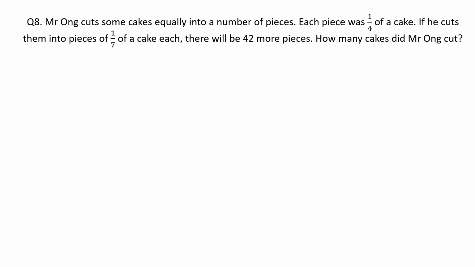Okay, last question here. Let me draw the cake for you. So I have some cakes over here. I don't know how many cakes there are, so I just draw 1, 2, and dot, dot, dot, and the third cake like this. Okay, unpack the question sentence by sentence. Each piece was 1/4 of a cake. So I cut like this, 1/4, 1/4 like this, 1/4 like this.